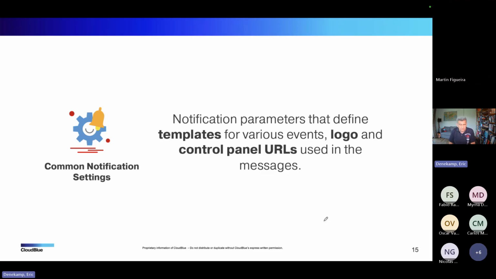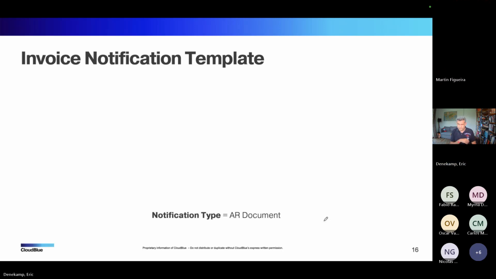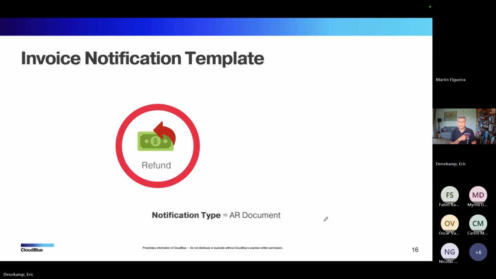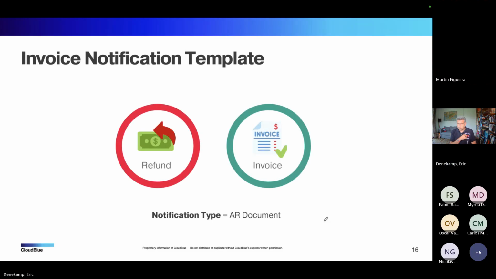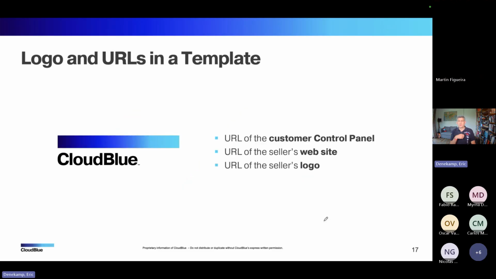If a payment is received, we can send this notification to confirm that we received the money, et cetera. All that stuff is done in the common notification settings. Like invoice, refund. We have the logos, et cetera. I'm going to show you all this in a demonstration in a second.